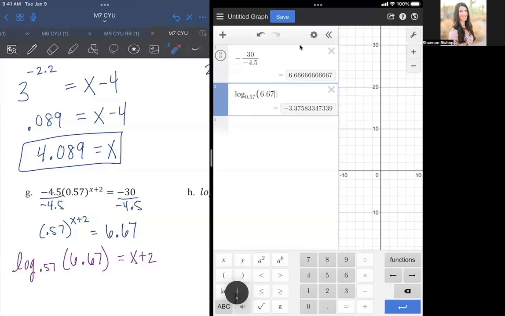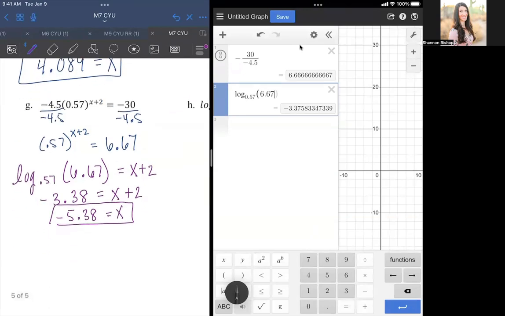Turns out that would be negative 3.38 if I round it. And then to finish solving for x, I'd have to subtract 2 from both sides. So negative 5.38 will be our final answer for part G.